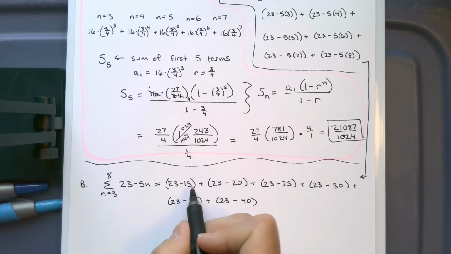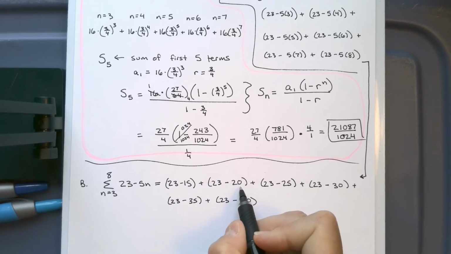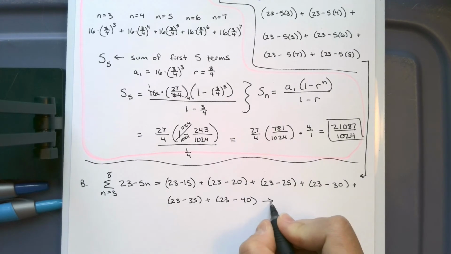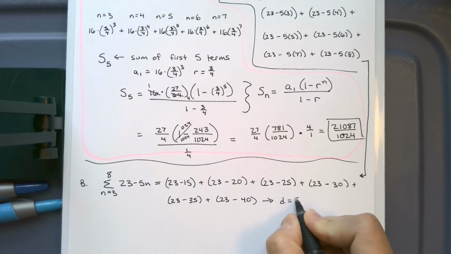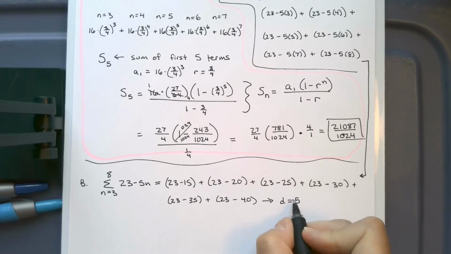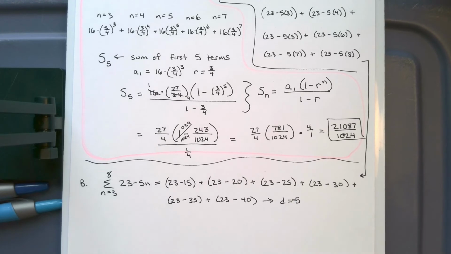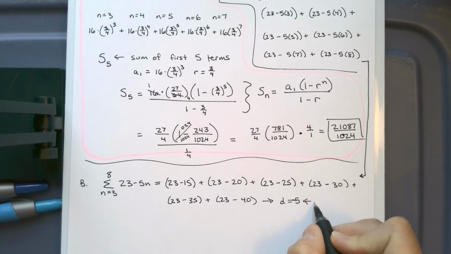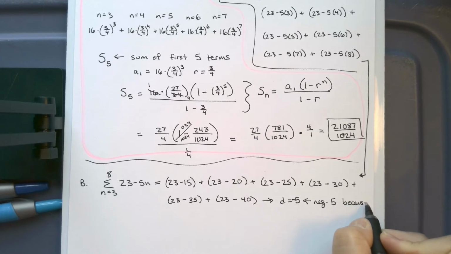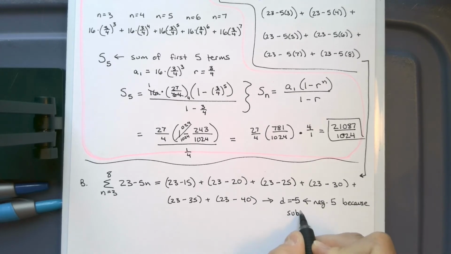And in fact, we're subtracting 15, then we're subtracting 20, then we're subtracting 25. So in this case, we are subtracting 5 each time, which means that your difference, and hopefully you can see that, is negative 5, because of subtraction. Negative 5 because we're subtracting 5 each time.